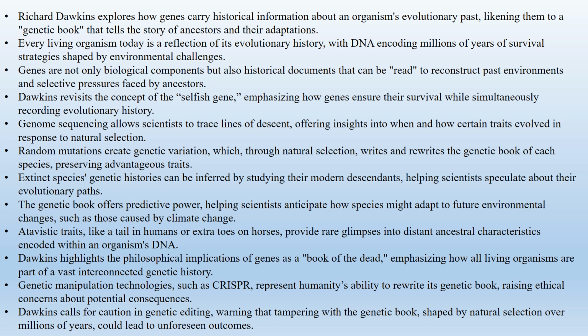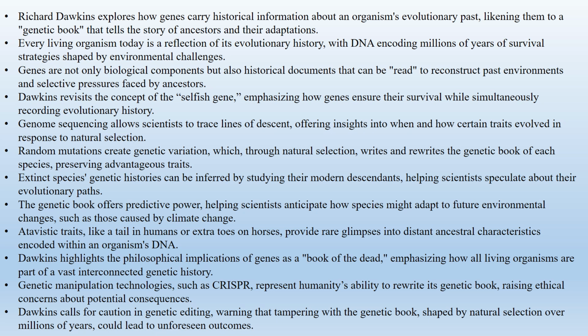The book also discusses the concept of atavism, where organisms occasionally express traits that hark back to their distant ancestors. These atavistic traits are rare, but they serve as reminders of the ancient genetic history encoded within an organism's DNA.